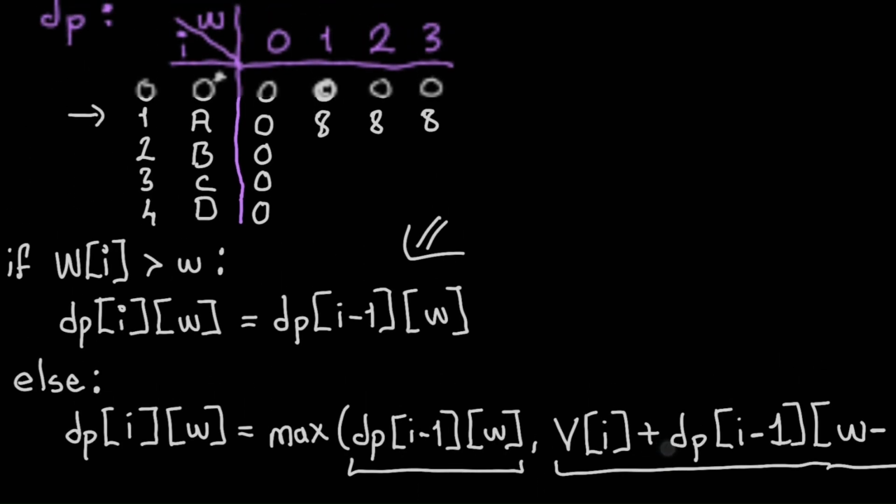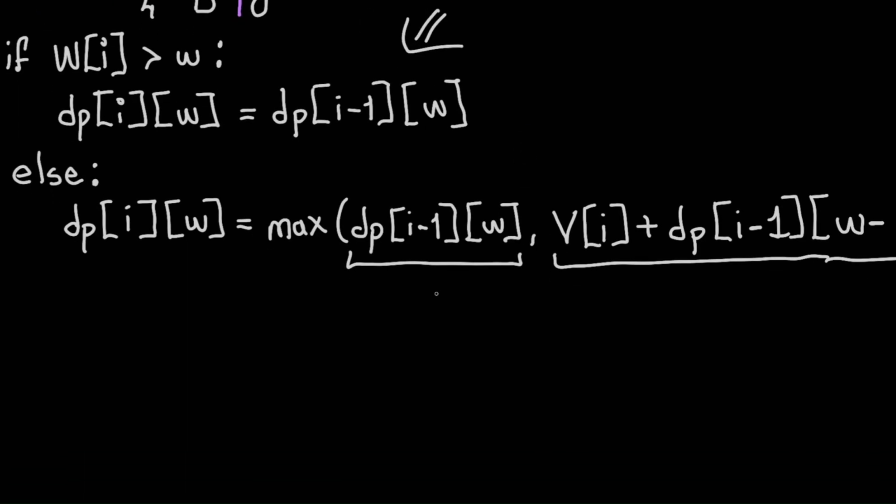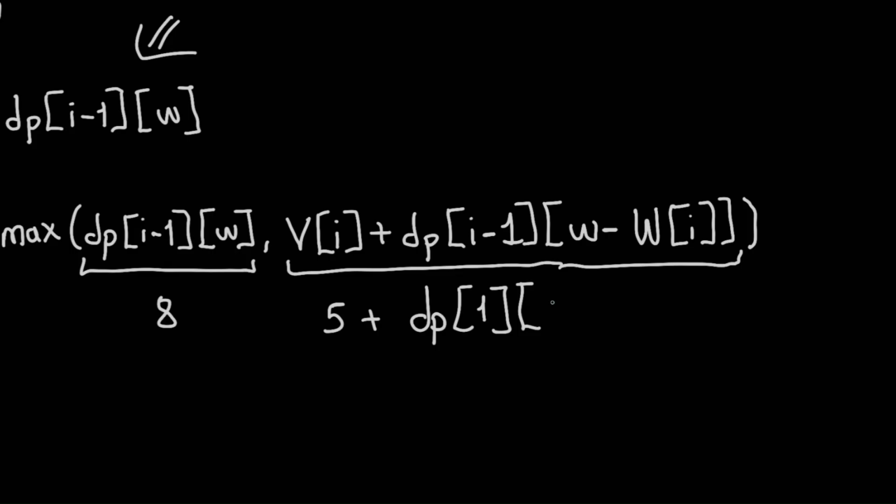The previous row in this case is 8, right? The value is 5 and dp, since the current index is 2, it will give us 1. And weight 1 minus 1 is 0.